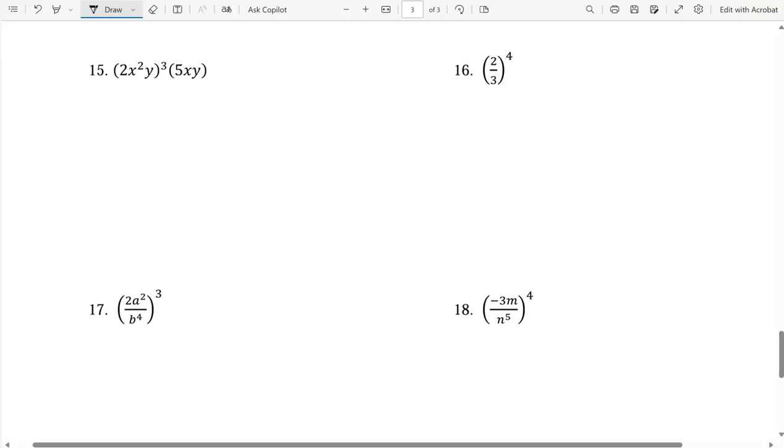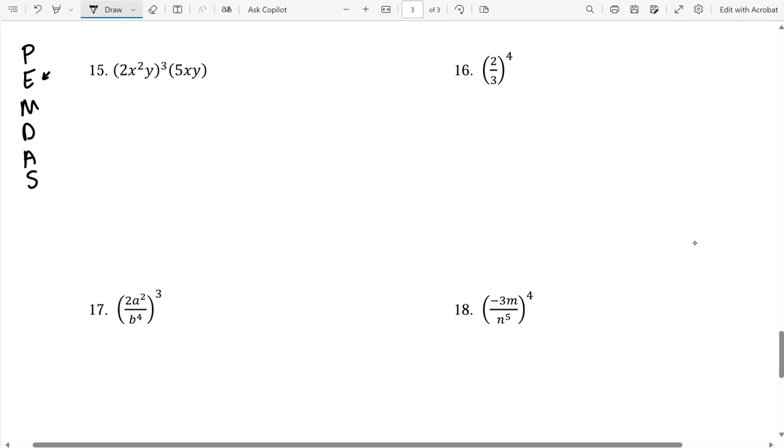As we move forward, we have a couple more examples. We are going to start combining more and more of those exponent rules. So looking at 2x squared y whole thing cubed times 5xy. Whew. Remember order of operations says simplify anything inside the parentheses first. Well, that's as combined as I can get. I can't simplify that any.